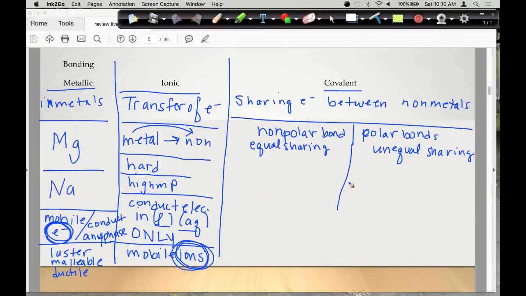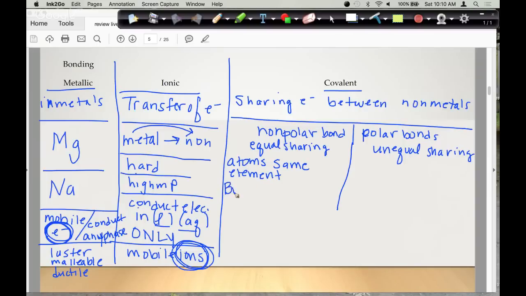And these nonpolar bonds, this equal sharing, would be between atoms of the same element. Because they have the same electronegativity, they are able to pull on the electrons with equal strength, so that results in an equal sharing. That would be like our Brinkelhoffs.